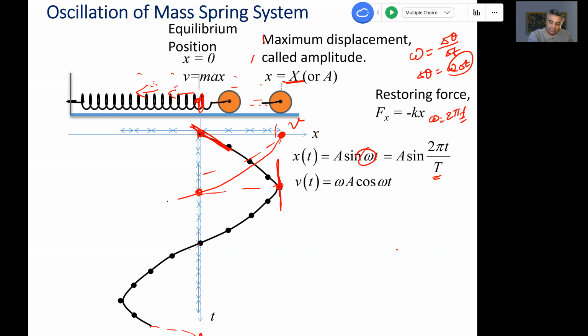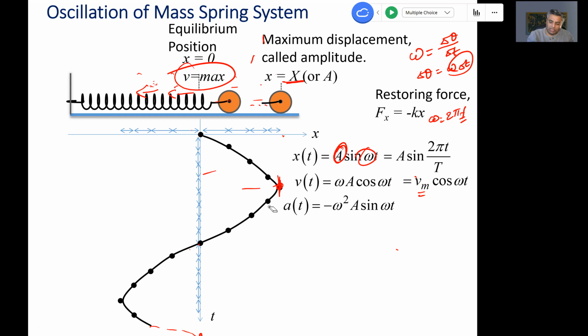So that's how the speed graph looks. So it's a cosine, okay? So now this was the amplitude, the maximum displacement. What is this then? It must be the maximum speed. So omega A is the maximum speed, and we denote that by Vm, okay? And remember, maximum speed occurs when the object is at the equilibrium point.